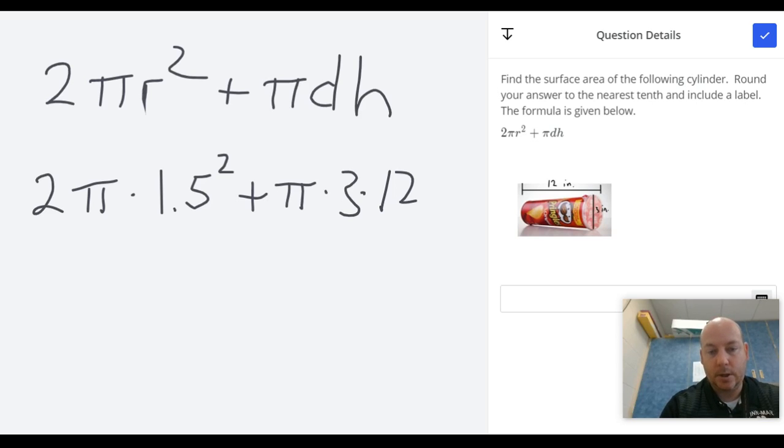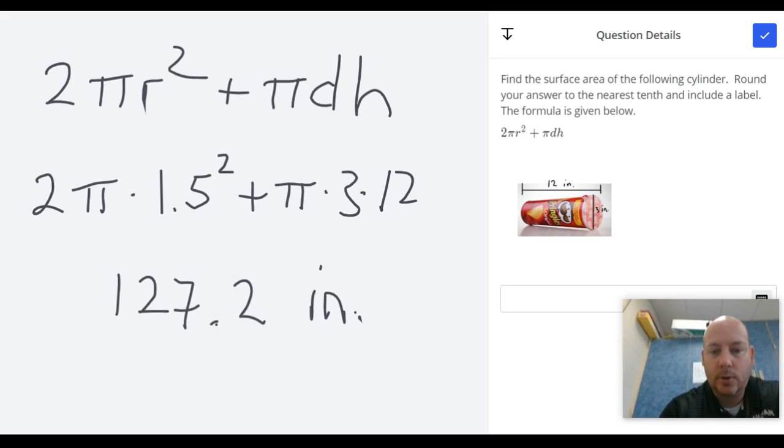And if we do that correctly, you should be able to just punch this all in at once. Okay, don't do a part, round it. And when you're dealing with pi, the less rounding you do, the more accurate it is. So just put it in all at once on your calculator. And if we go to nearest tenth, we get 127.2 inches squared.